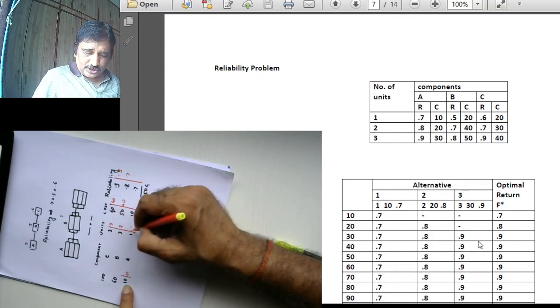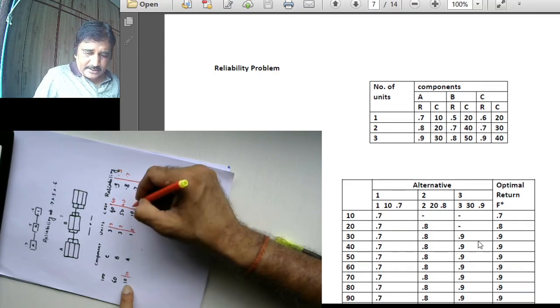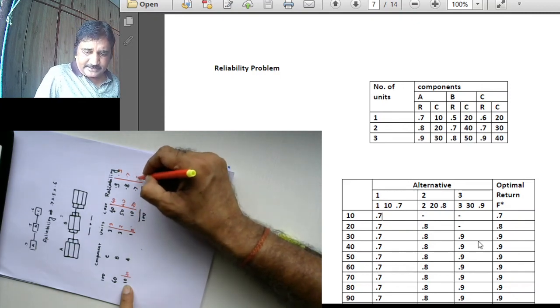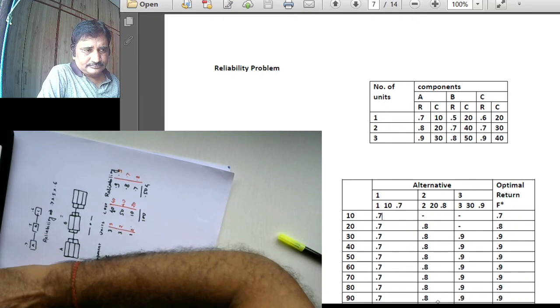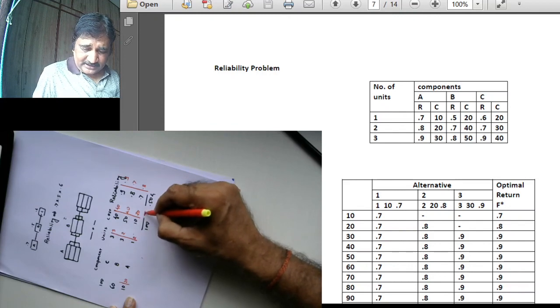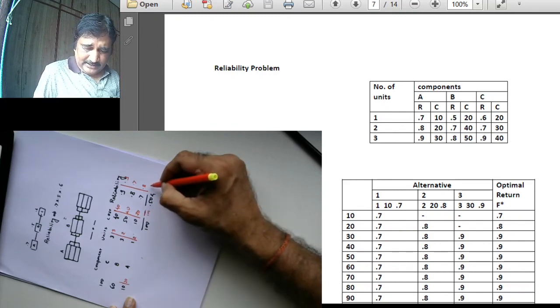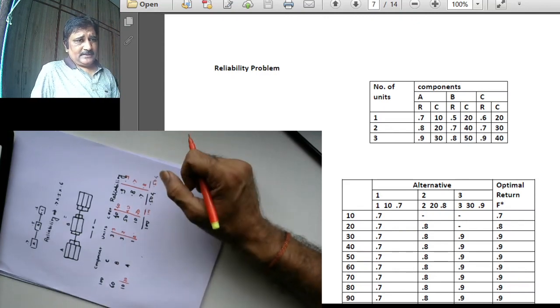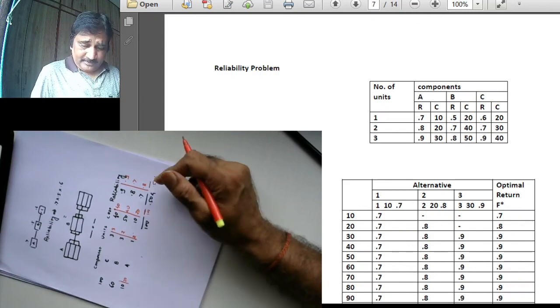So 20 rupees means two component banks. Cost is rupees 20 and reliability is 0.8. So lastly, the cost here for the second solution is 100 again, and the reliability comes out to be 0.504. Both the solutions are written here. You may or may not find another solution.